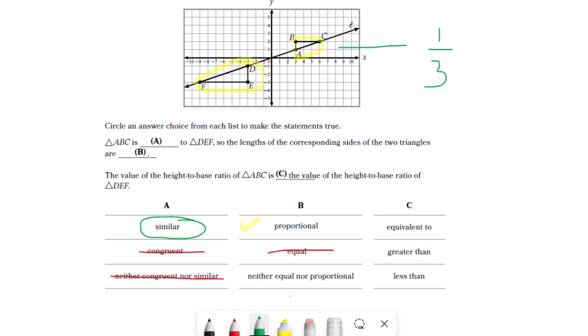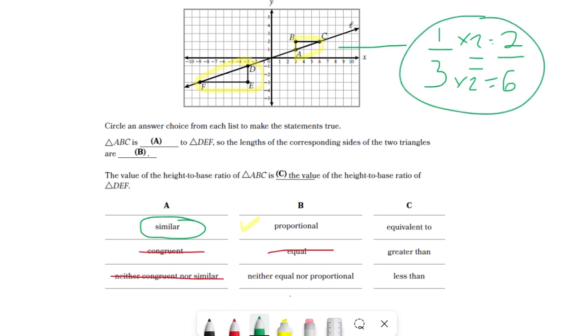One is 1 over 3 for the height to base ratio, and the other is 2 over 6, which actually gets us into our last question, which asks whether the height to base ratio of triangle ABC and triangle DEF are equivalent to, greater than, or less than the height to base ratio of triangle DEF.